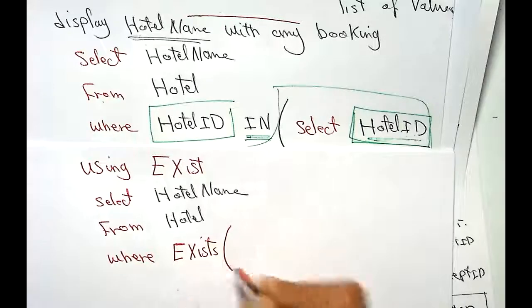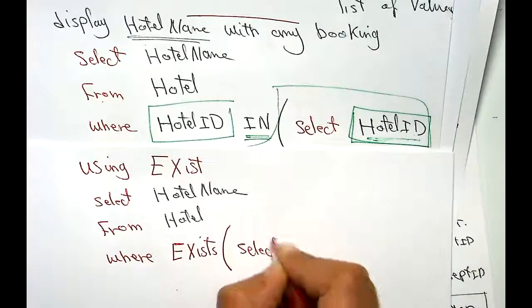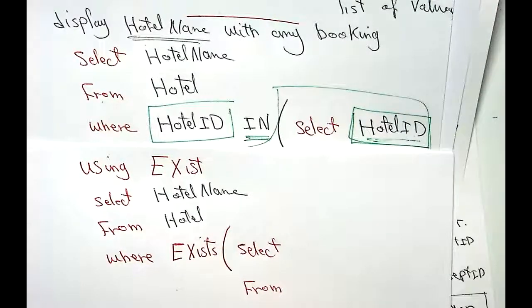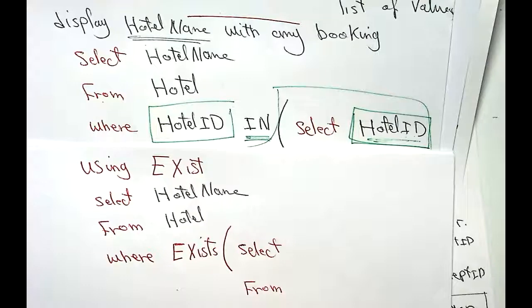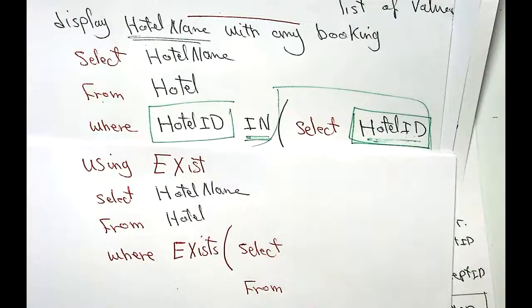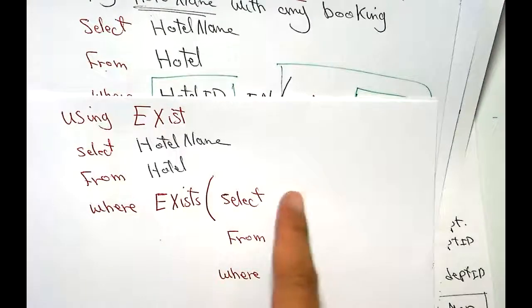And then I start my inner query. So in my inner query, select from, and I need to join the tables. Where? So I'm going to select here, and when I use exists, it doesn't matter what I'm going to select.